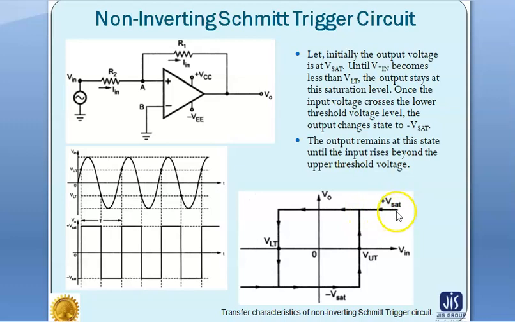But if we decrease the input voltage, then at another voltage, in negative polarity, the output transitions from the high value, plus Vsat, to minus Vsat. So this is the hysteresis, and the width of this hysteresis is equal to VUT minus VLT.